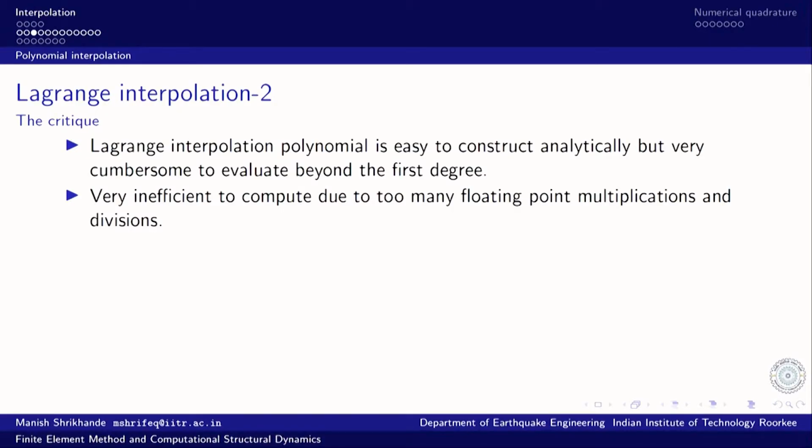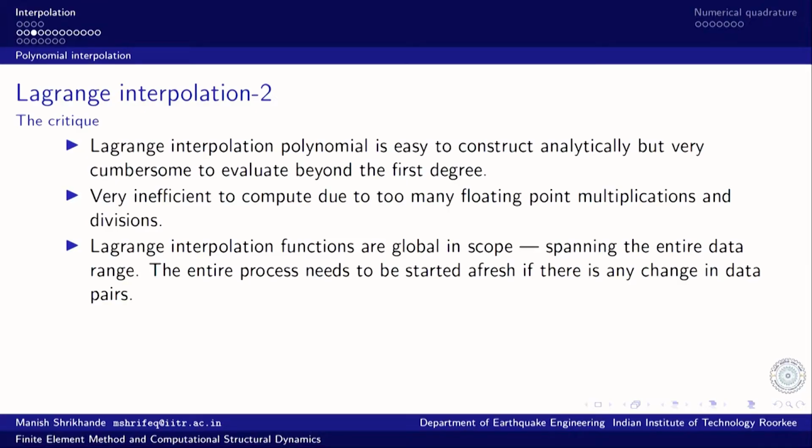So, it is very inefficient to compute because there are far too many floating point multiplications and divisions, and as we had already seen earlier, every single floating point operation is a source of round off error. So, the key to reliable and robust floating point computation is to do as few floating point operations as possible, and that will also increase the efficiency of any algorithm.